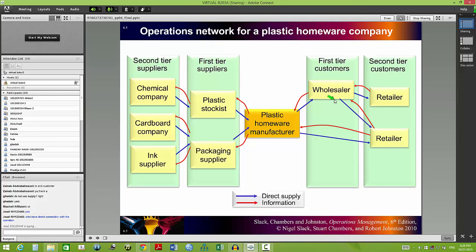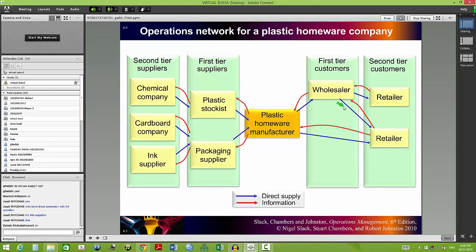So we have first tier supplier, first tier customer, second tier supplier, second tier customer. Sometimes, as I told you, we have 3 tiers or 3 levels. So here, when this company creates the products, they give them to wholesalers, and wholesalers give them to retailers. And the retailers sell directly to the end customer.